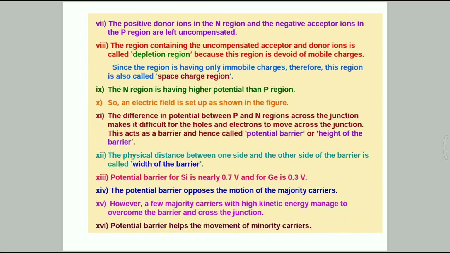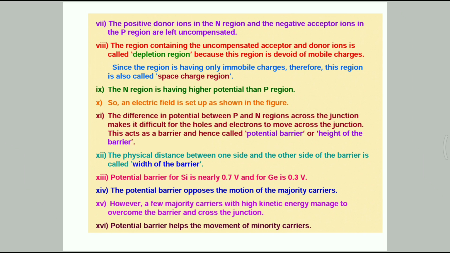This acts as a barrier and hence is called the potential barrier. The physical distance between one side and the other side of the barrier is called the width of the barrier. The potential barrier for silicon is nearly 0.7 volts and for germanium is 0.3 volts.